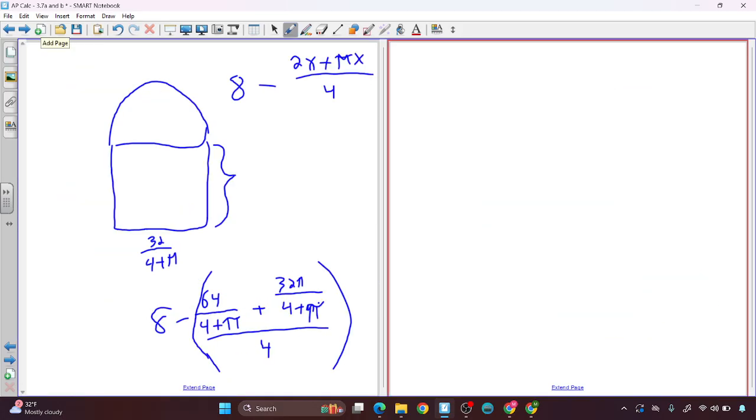I don't know, not the most efficient, but we're getting it done. Okay, 64 divided by 4 is 16, so we have 16 over 4 plus pi. And then 32 divided by 4 is 8, so 8 pi over 4 plus pi. So I just divided those numerators.